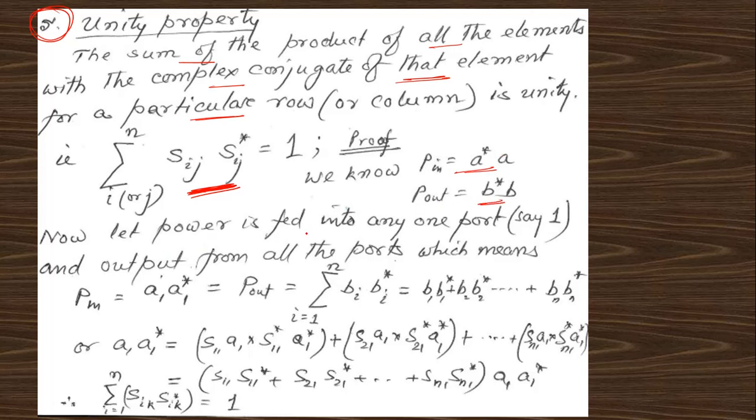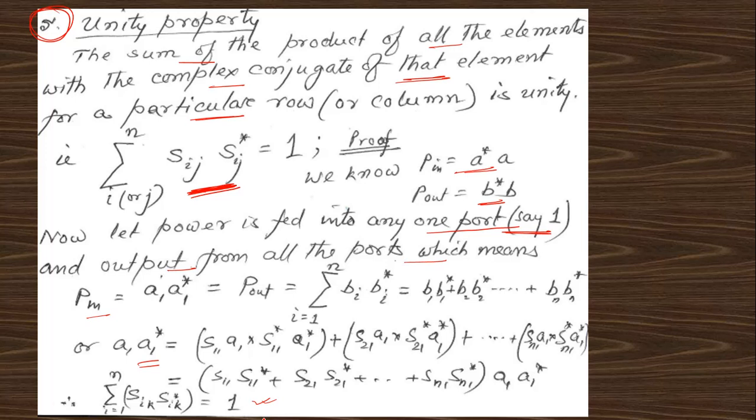Now power is fed into any one port, say only one port, there is no other port, so the output from all the ports, which means P in, will be the output of all the ports, so this total will be unity.